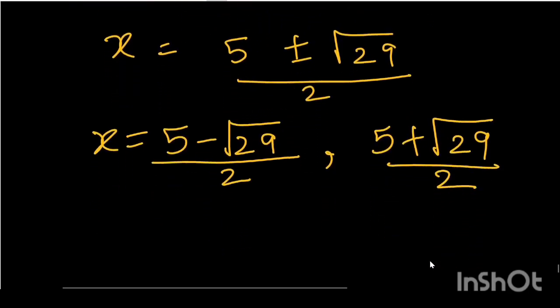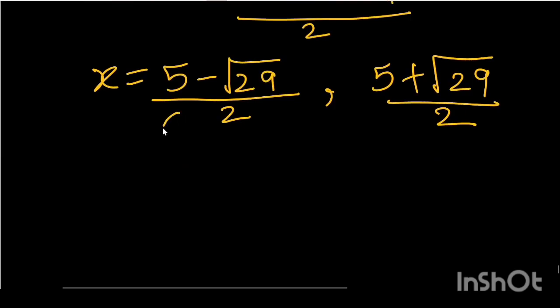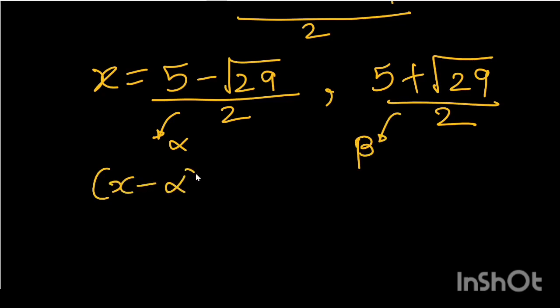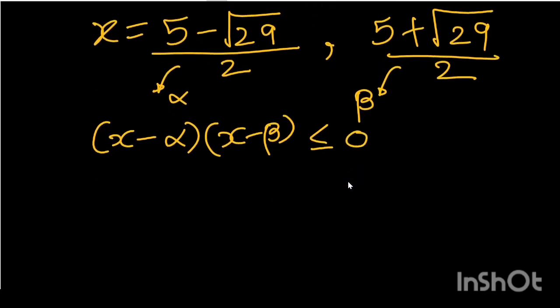So the lesser value we assign as alpha, and the greater as beta. So we will use (x minus alpha)(x minus beta) less than or equal to 0, whose answer is x greater than or equal to alpha and less than or equal to beta.